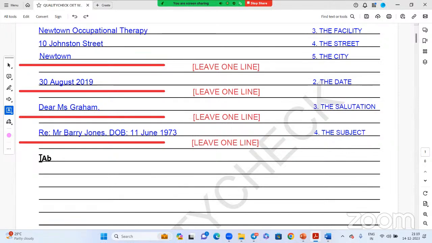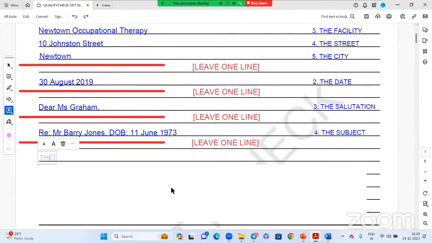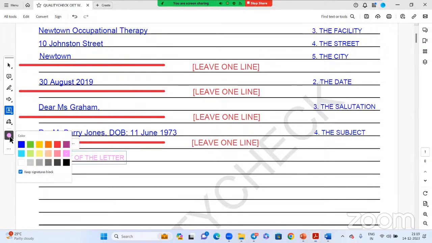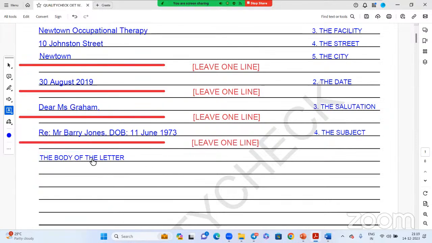You start from here after leaving a line. So the body of the letter.